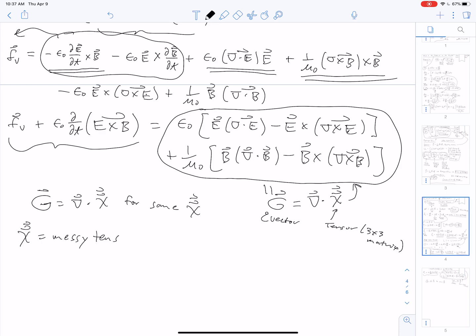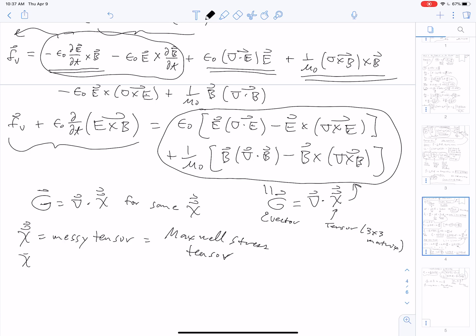It's big and ugly. And it's a tensor, and it has a name. It's called the Maxwell stress tensor.